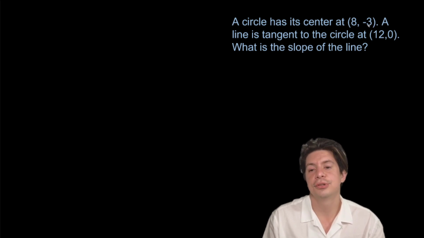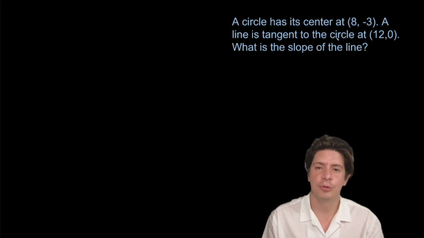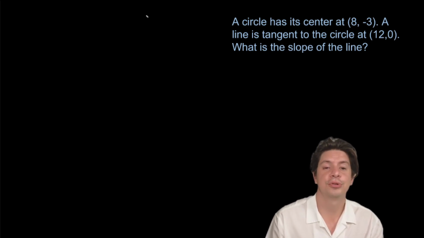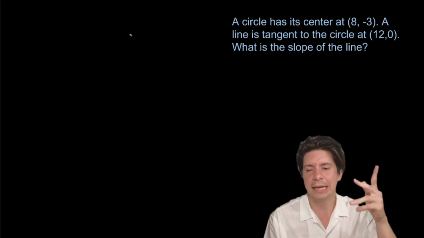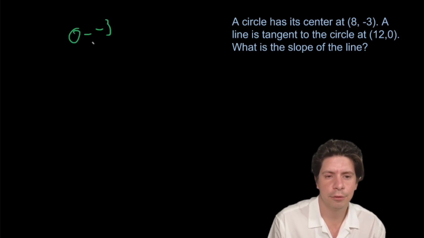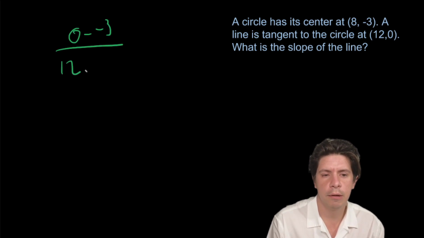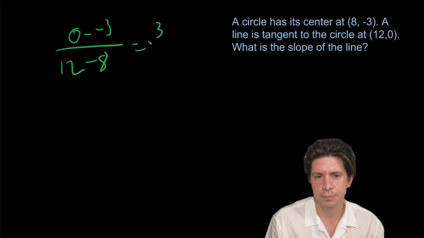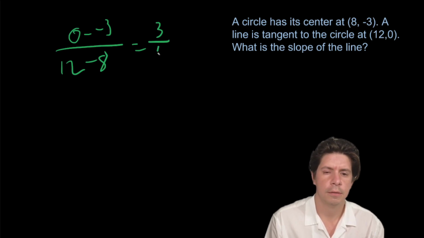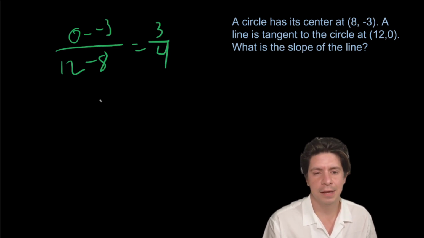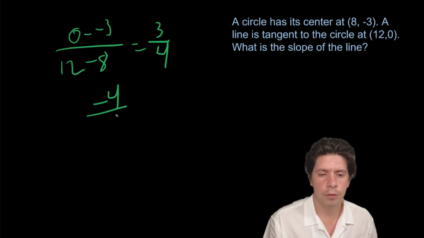And then the slope of the tangent line is perpendicular, because when you have tangent lines to circles, they have perpendicular slopes, so it'll be the negative reciprocal. So we'll do 0 minus -3 over 12 minus 8 equals 3 over 4. So the slope of the line would be the inverse of that, and it'll be -4 over 3.